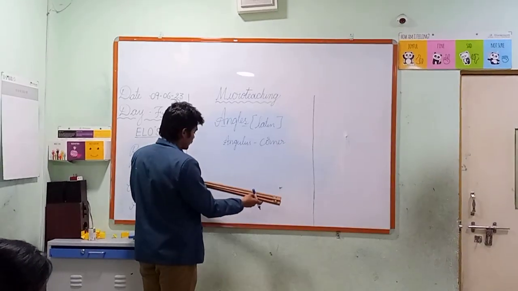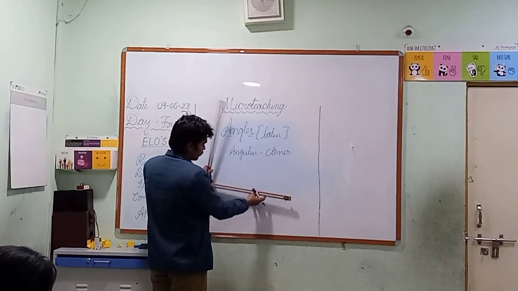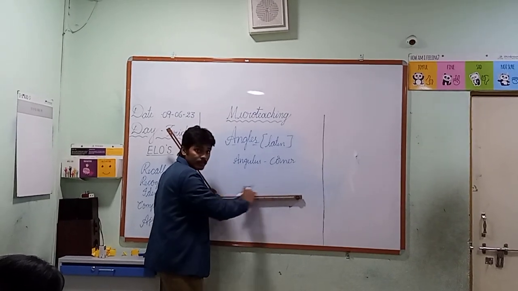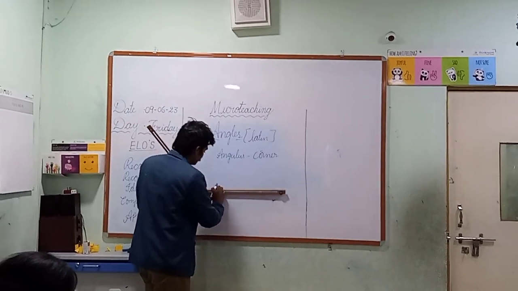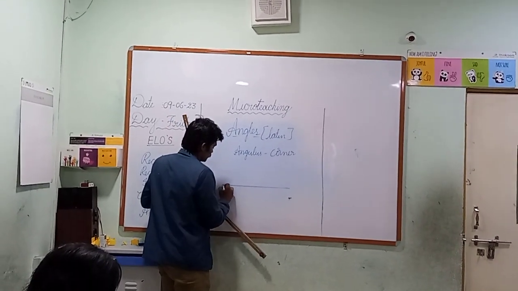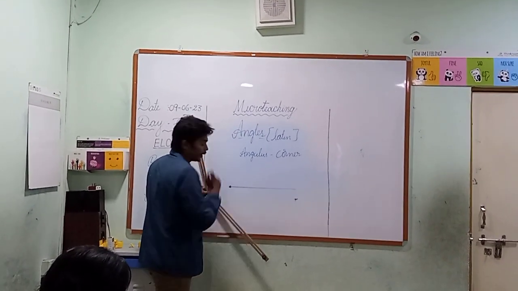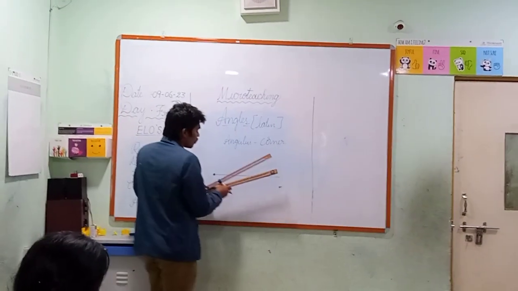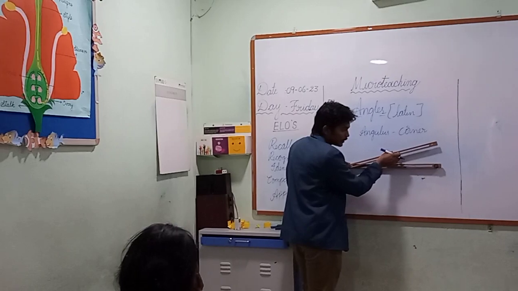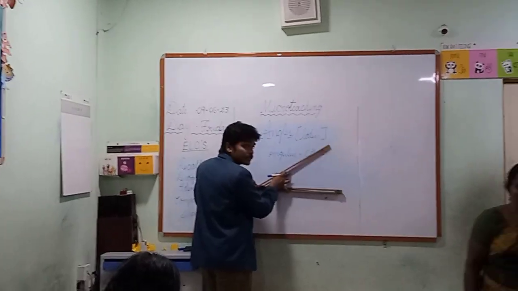See here, it is like the line which the car travels. It is a road. And here is the point where it starts. When we take these two lines like this, the angle is changing, right?